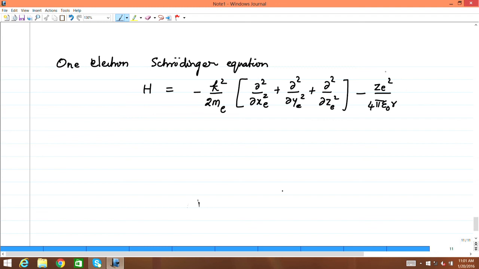Z is the charge on the nucleus, of course that is equal to plus 1. And so what you have is e square by 4 pi epsilon naught r, and these are the coordinates of the electron with respect to the center of mass, where it is approximately on the nucleus and so on. Therefore, this is the Schrodinger equation that we need to solve and obtain the solutions.